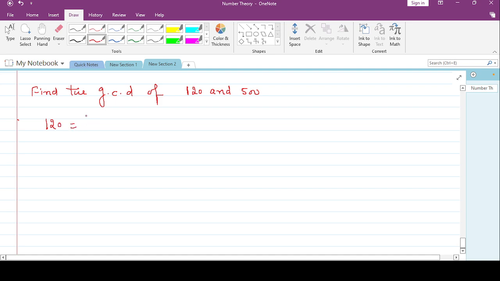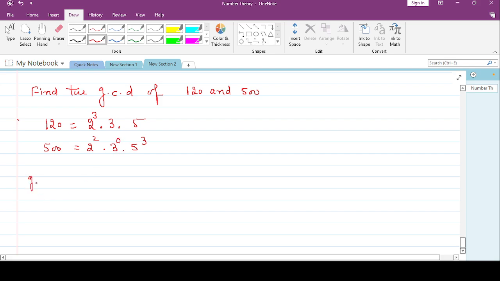In that case it is equal to 2 raised to the power 3, dot 3 into 5. Similarly, find the prime factorization of 500. It is 2 raised to the power 2, 5 raised to the power 3 only, but we do not have any 3 here, so no issue, we can introduce it. It is 3 raised to the power 0.